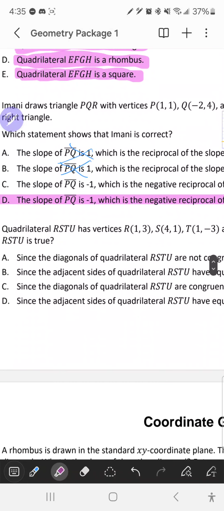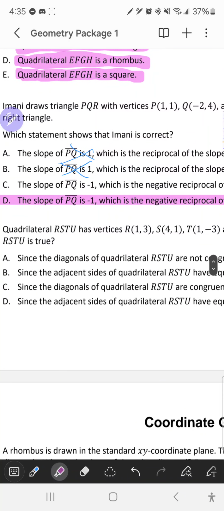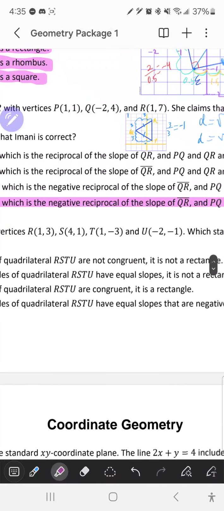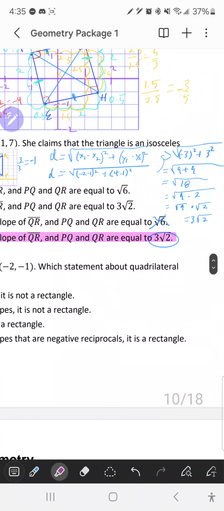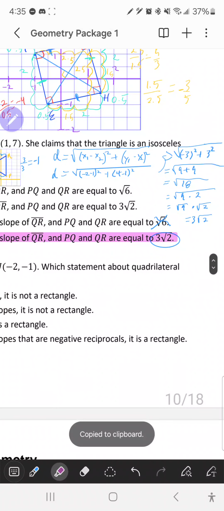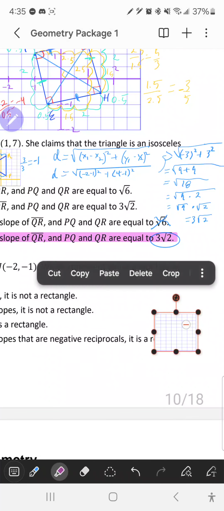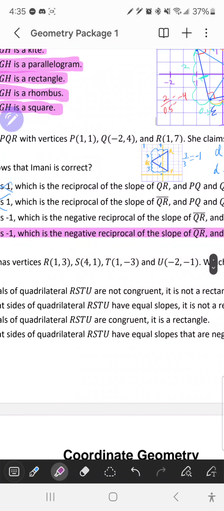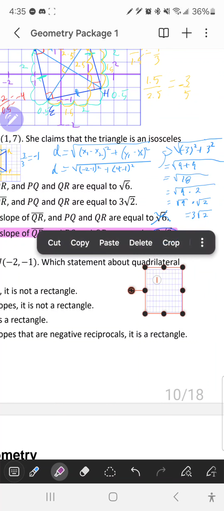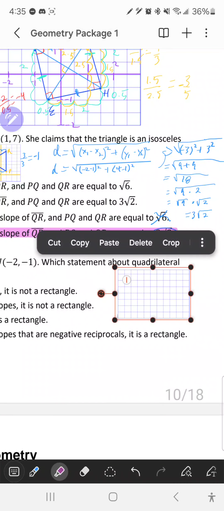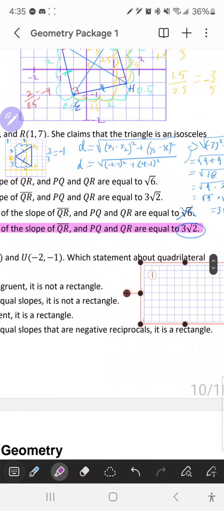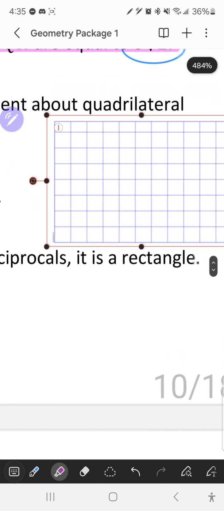Now for the next one, the quadrilateral has its parts, and which statement about the quadrilateral is true. Copy this, paste it. Now we can make it bigger. Okay.